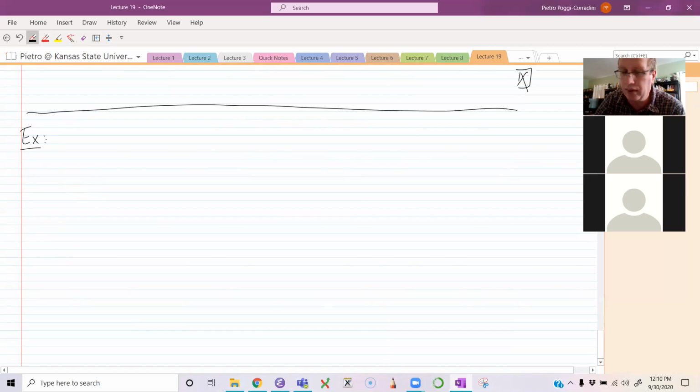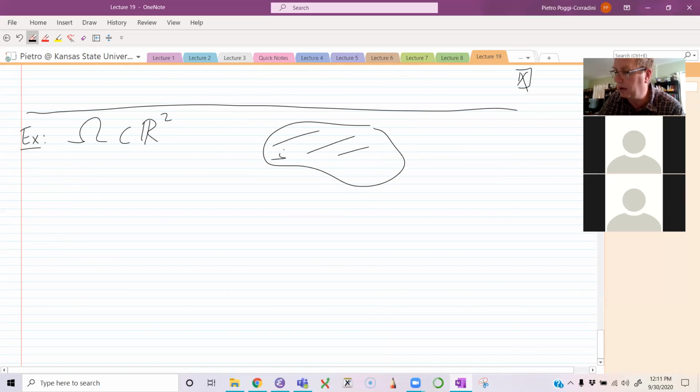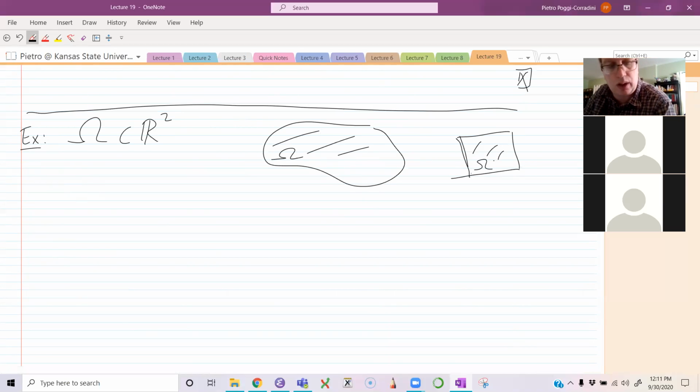The next example will be some domain in R2, and so something like this, omega, or maybe something more rectangular. You can have whatever you want. And let's think about a PDE here now instead of an ODE.